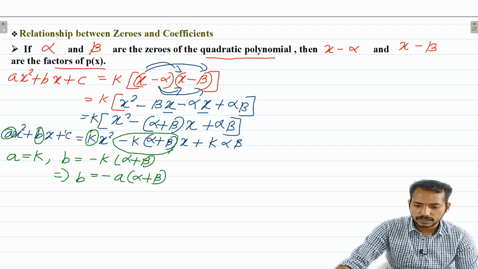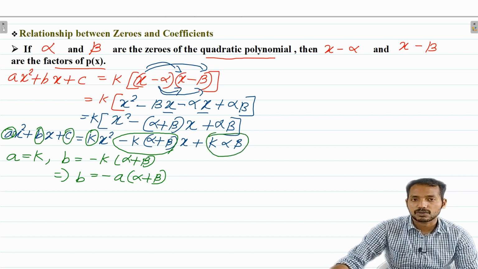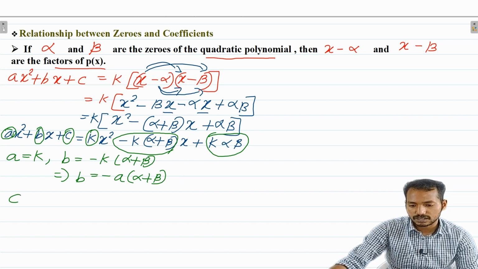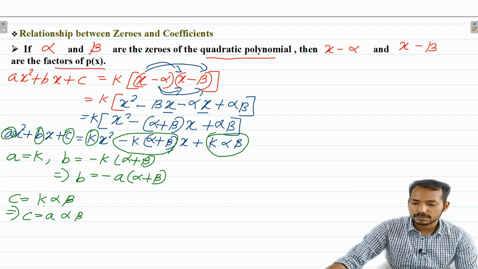And the third term, c, is the constant term. So we get c is equal to k into alpha beta, where k is equal to a. So we can modify that: c is equal to a into alpha beta.